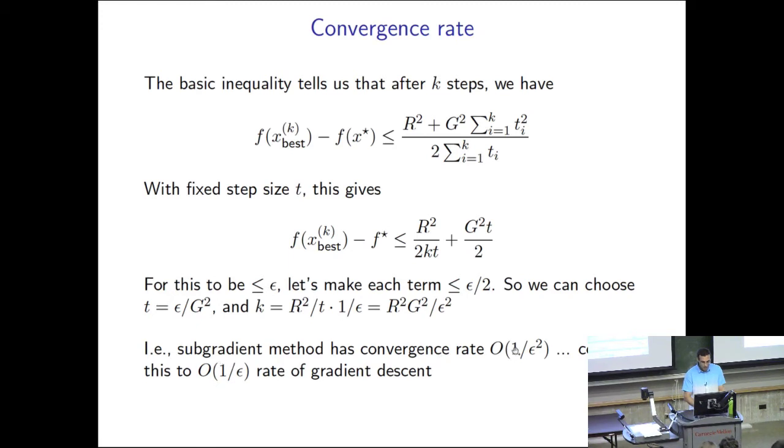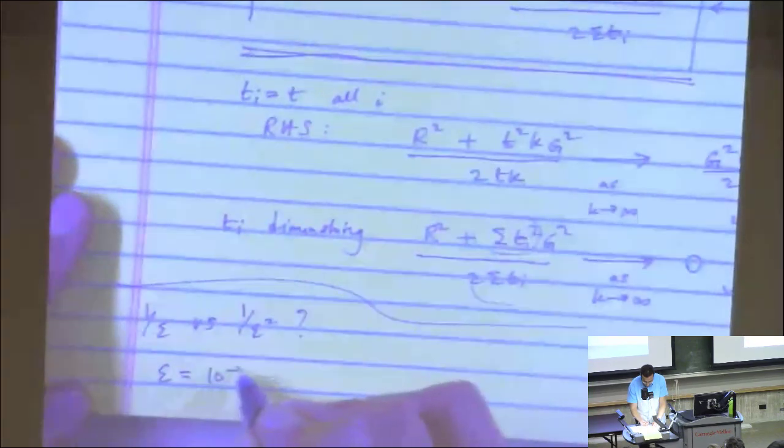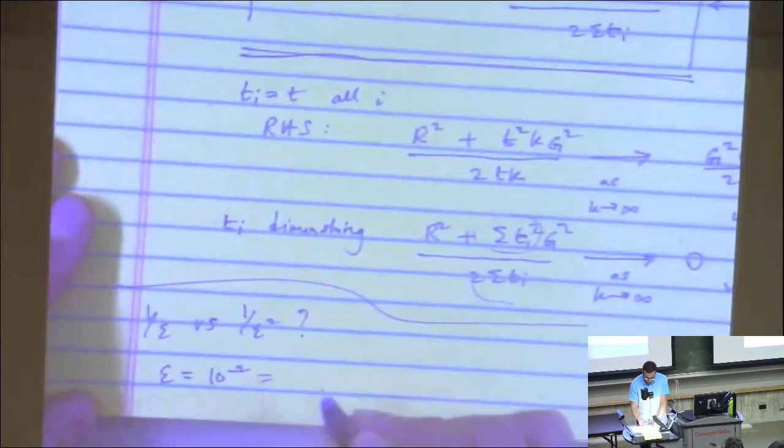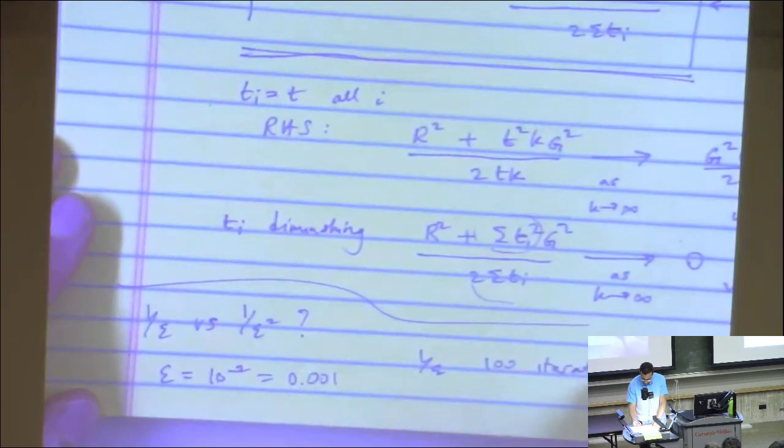So what does that look like compared to gradient descent? We actually already talked about this, because this was the convergence rate for gradient descent in the non-convex case to an epsilon stationary point. But I'll just repeat that. If we take epsilon to be, as an example, 10 to the minus 2, or 0.01, then 1 over epsilon means 100 iterations, and 1 over epsilon squared means 10,000.